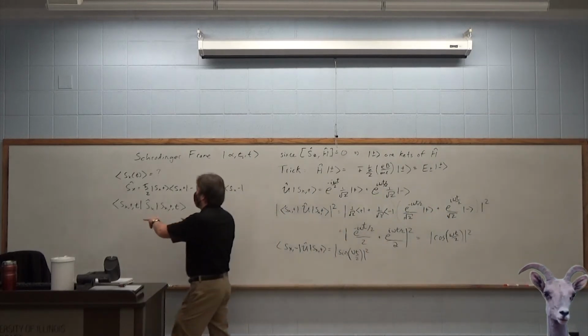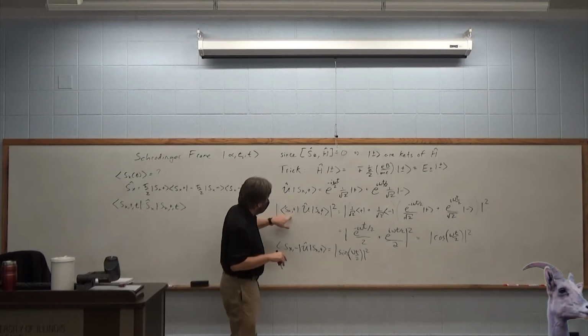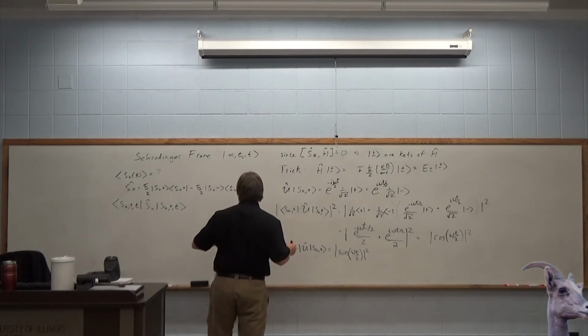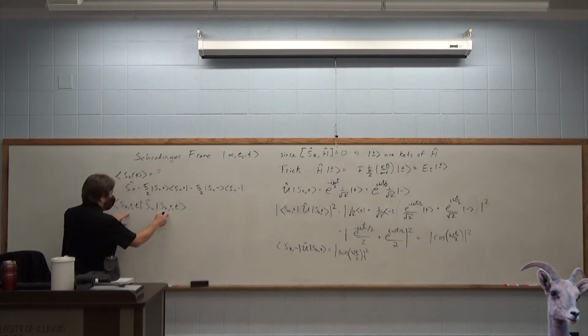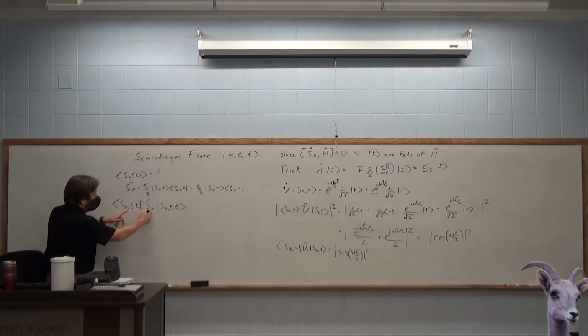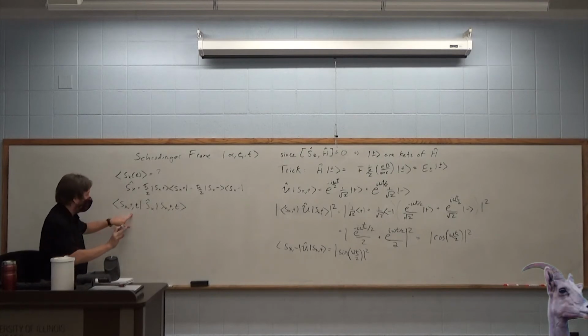Here, if I had both of these being time dependent, the answer is 1. That's just checking whether the normalization changes, which it doesn't. Here, I'm evolving both states, but now I'm asking an actual question. It wouldn't make sense if these were not the same thing.